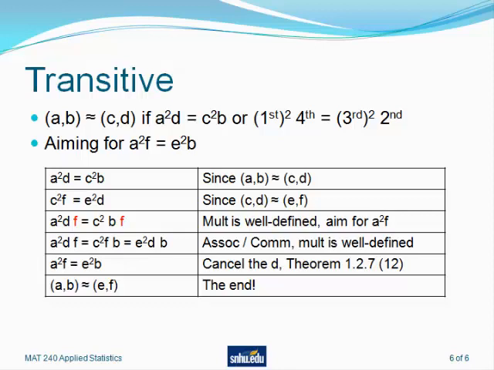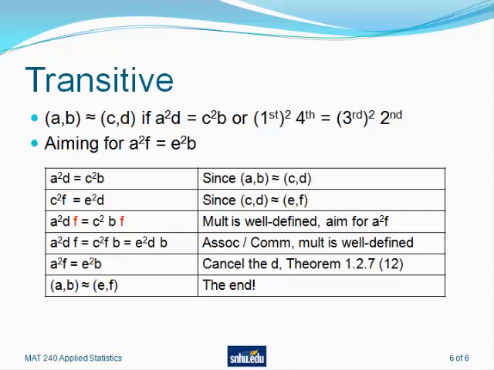We're going to use that second equation. We have C squared BF on the right-hand side. C squared F is the same as E squared D. That's what the second line tells us.